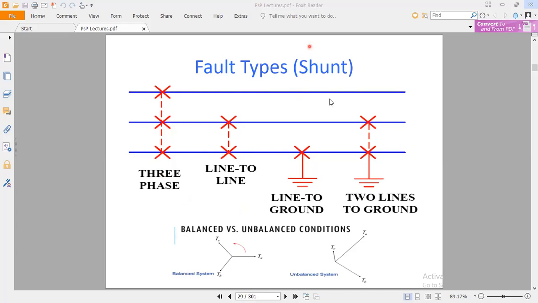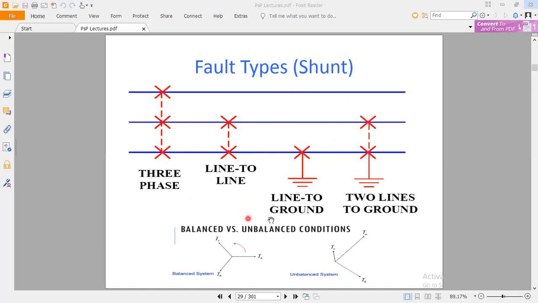So three line to ground and three line fault are the two categories of symmetrical faults.